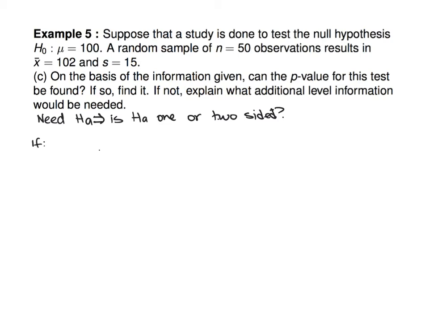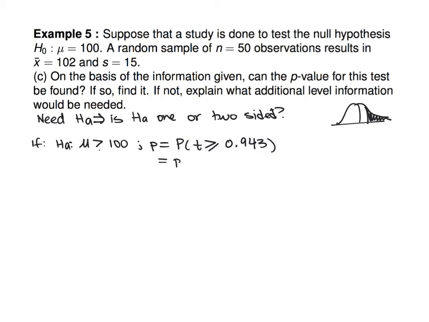So if it was the case that, say, HA was mu is bigger than 100, for example, then our p-value would be the probability that t is bigger than or equal to 0.943. So looking at a picture, that's to the right of 0, so bigger than 0.943, which is the same thing as the probability that t is less than or equal to negative 0.943.